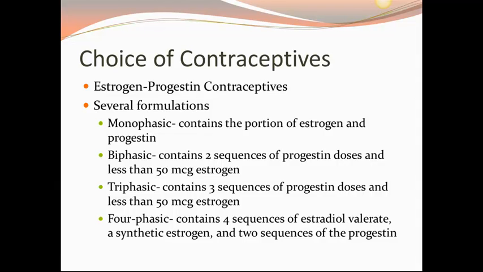Choice of contraceptives. Like I talked about earlier, there are several different types. There is the monophasic, biphasic, triphasic, and then there's the four-phasic types of contraceptives. You don't need to know the difference between these different phases or what medications fall under each, but just know that there are different phases, and that gives you different dosings of the progesterone.